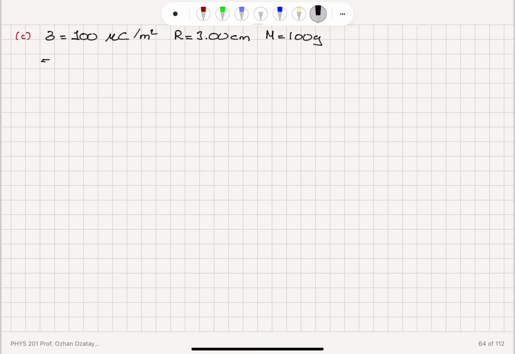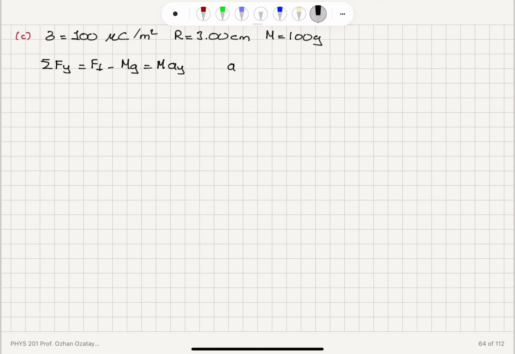The net force on the y-axis will be the repulsive force F perpendicular minus the weight of the hemisphere mg, and this is the mass of the hemisphere multiplied by its vertical acceleration according to Newton's second law.